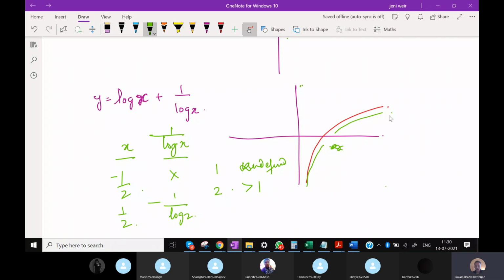So that means if I plot log x plus 1 by log x, it'll be existing at which two quadrants? The first quadrant and the fourth quadrant. So in the first quadrant, it would be having a minima when log x is equal to 1. That means x is equal to 10.